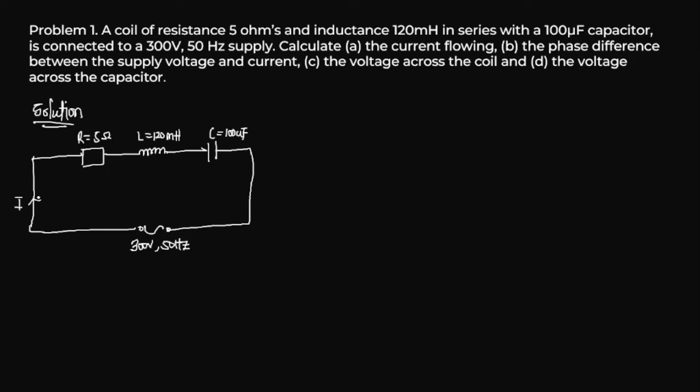That is very good. So the resistor and the inductor are both obtained from the coil. The voltage across these two is what we are going to be calling V coil, that is the voltage across the coil.